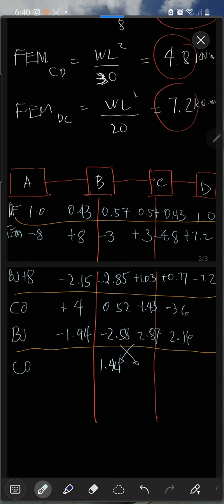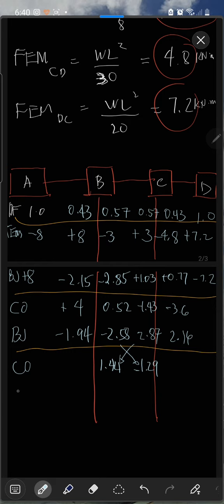Change the sign at balancing the joints. Okay, so half of your 2.58, we have 1.29. Negative. Negative 1.29.